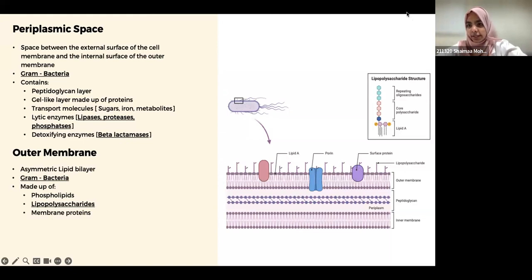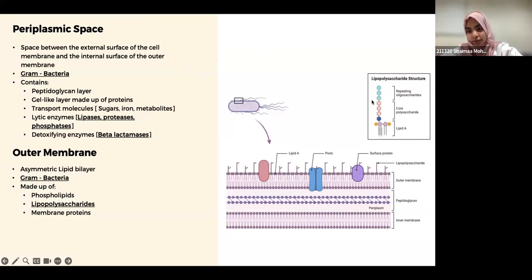And you can see here the structure of the lipopolysaccharide. At the bottom of it is lipid A, which we said, what's the function of lipid A? Yeah, it's a virulence factor, but what does it do? It is an endotoxin, yeah, it causes inflammation. And then we have the core polysaccharide, which we said is the negative charge.